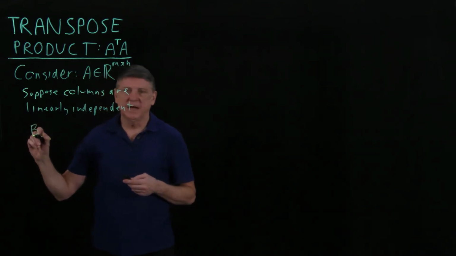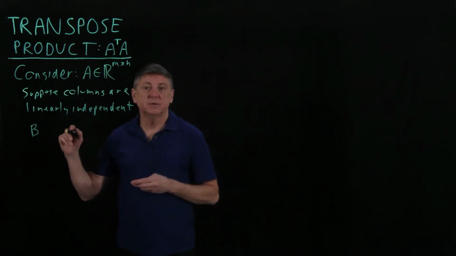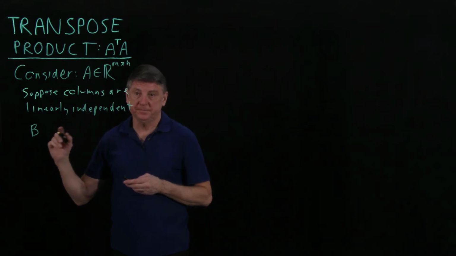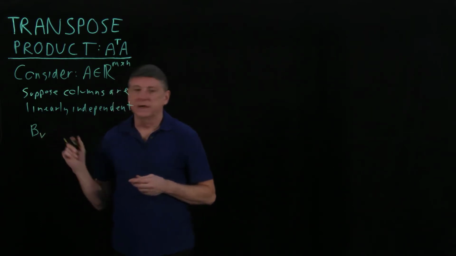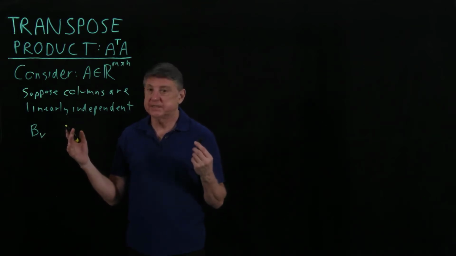Let's call it B, and we'll refer to this as the matrix B sub V, because we're going to calculate two symmetric matrices in this lecture.